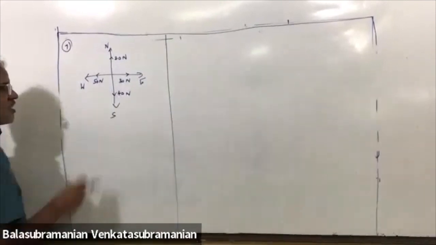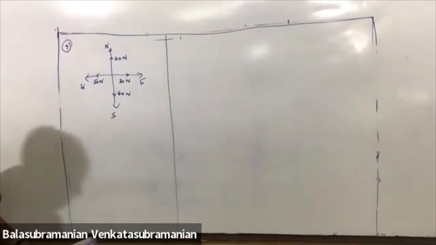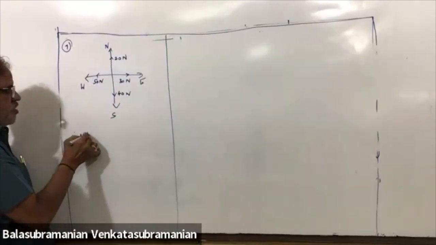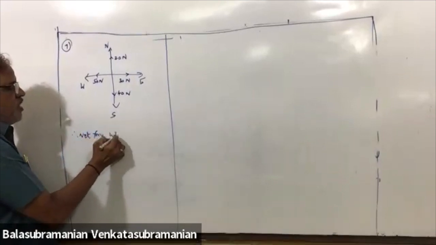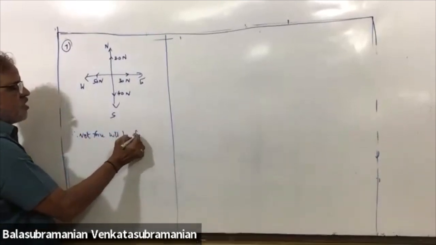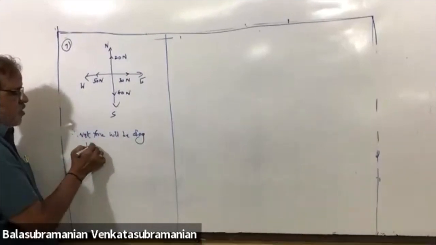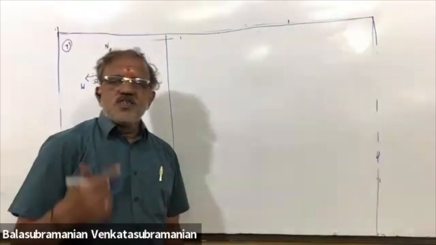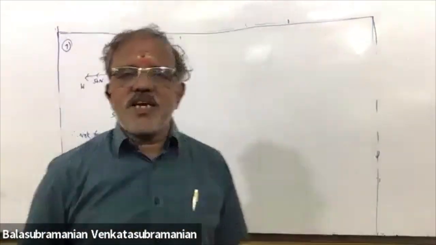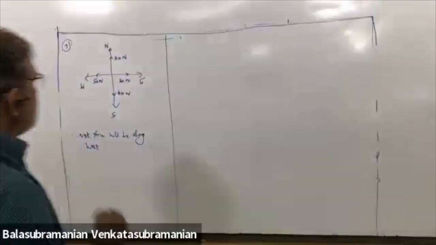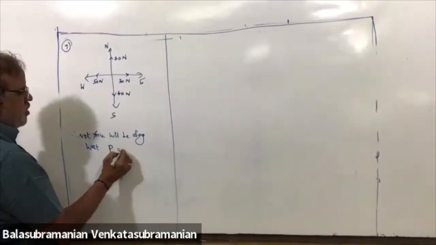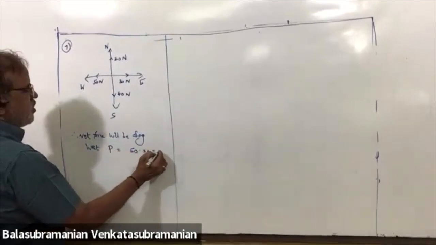So this is the resultant diagram. This is 50, this is 30. So the net force will be along west. Why? Because this side force is greater, and the resultant always acts on the greater side. So 50 minus 30, 20 Newton.